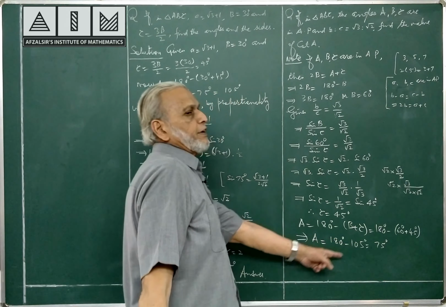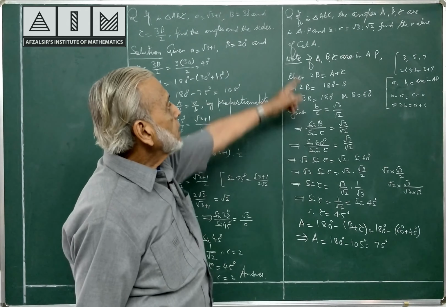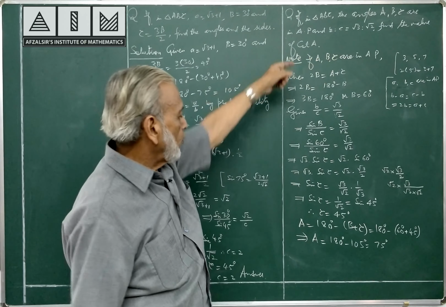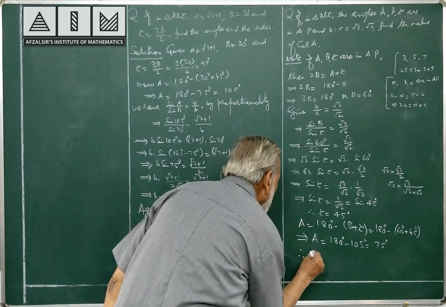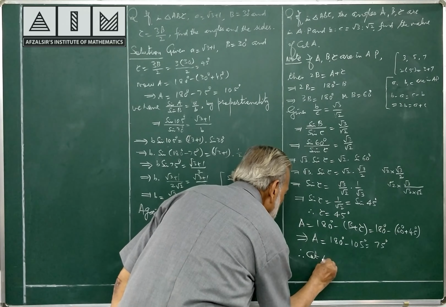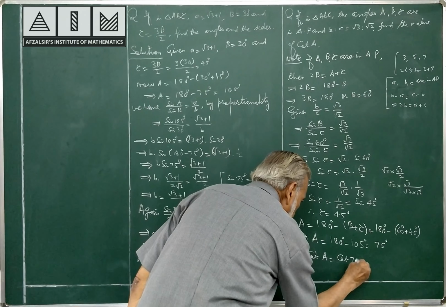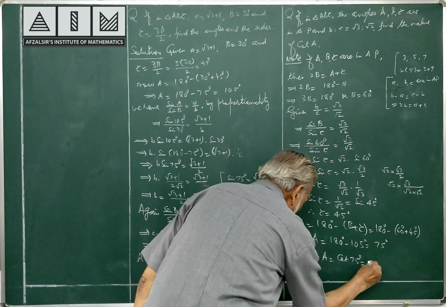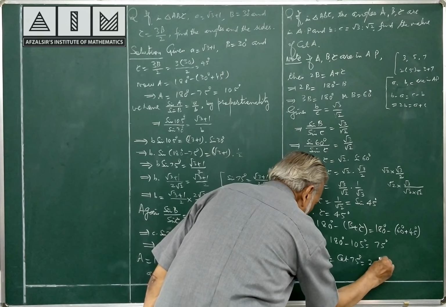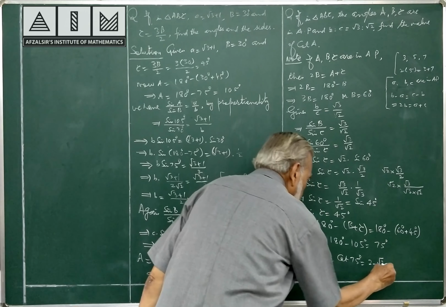Angle A is 75 degrees. What is required? Value of cot A. Find the value of cot A. Cot A is equal to cot 75, and the value of cot 75 you have to remember: 2 minus root 3. This is your answer.